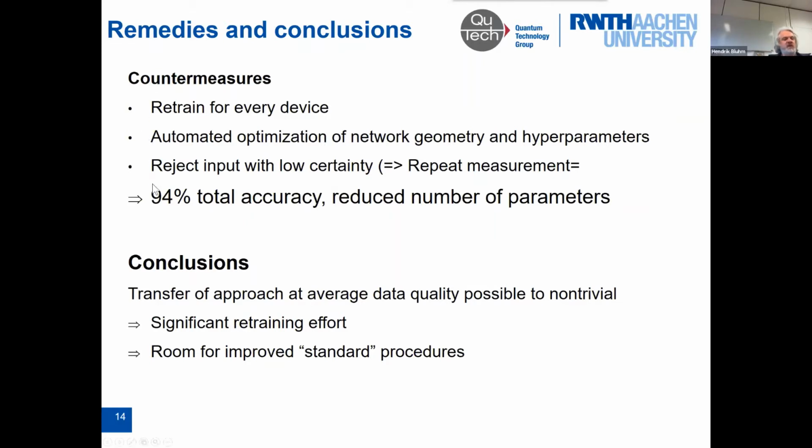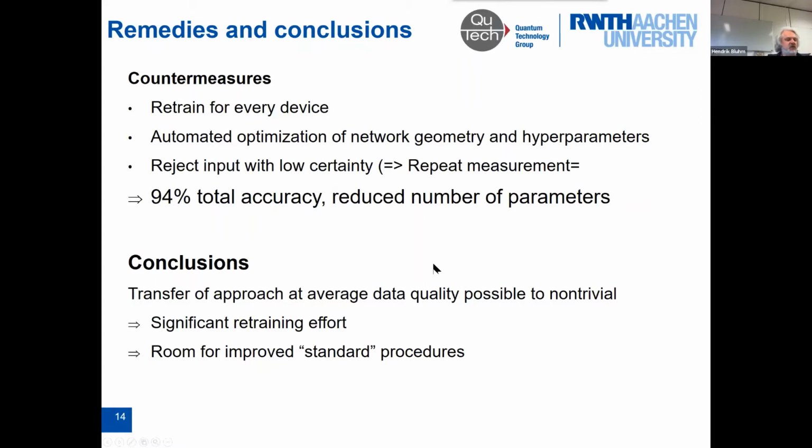And with that, we found that one can retain a high accuracy in the identification for our data sets at 94%, and even reduce the number of parameters compared to the human-designed network that we started out with. So efficiency is gained a little bit by this hyper optimization.